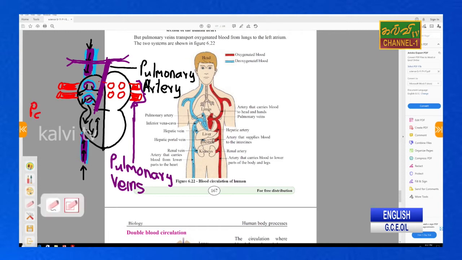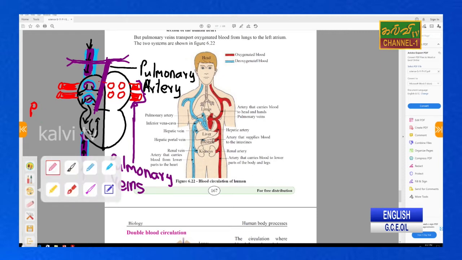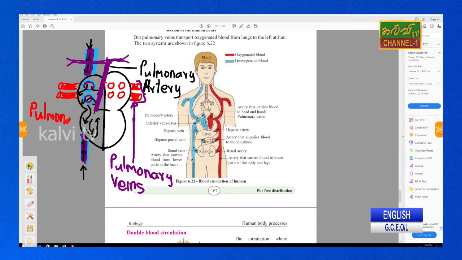Pulmonary veins carry oxygenated blood. So these are pulmonary veins. This is for the right side, right side pulmonary veins which carry oxygenated blood.